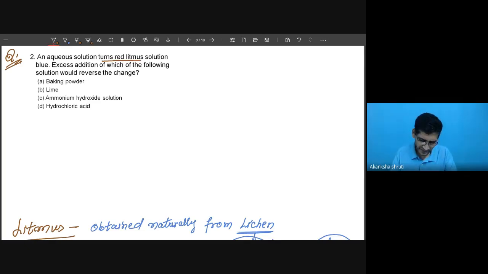An aqueous solution turns red litmus solution blue. Excess addition of which of the following solutions will reverse the change? Means what is required, that only you have to think.